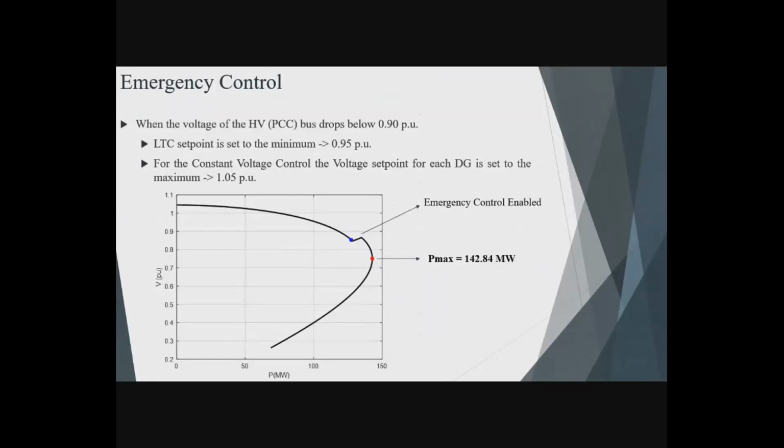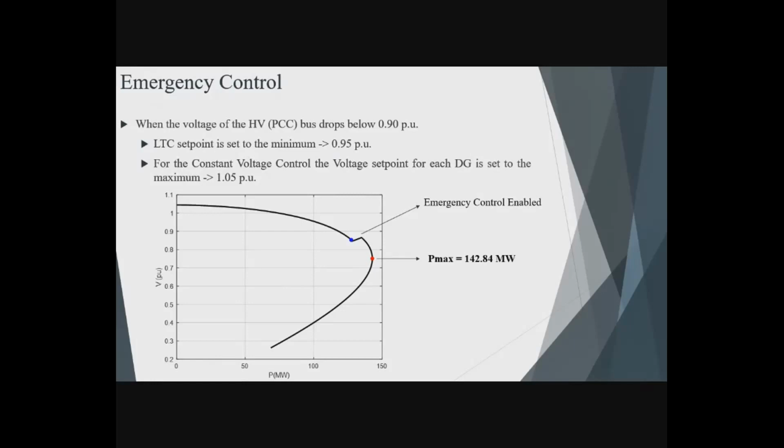In that sense, we created a kind of emergency control. When the voltage of the high voltage side bus drops below 0.9 per unit, we set the LTC set point to the minimum, and when we assumed constant voltage control for the inverter-based generation, we set it to the maximum.